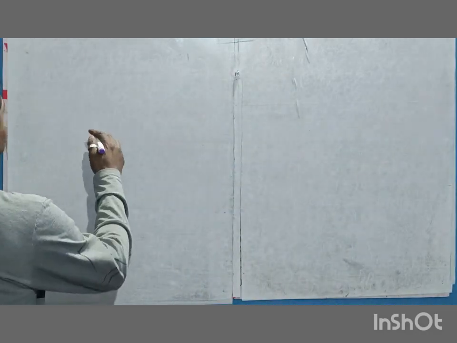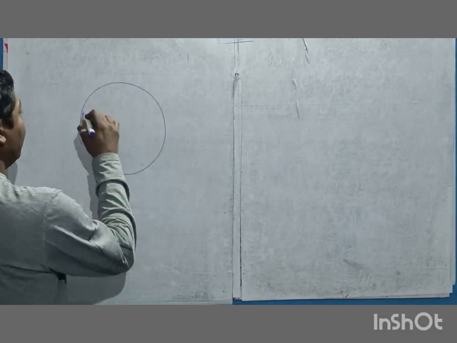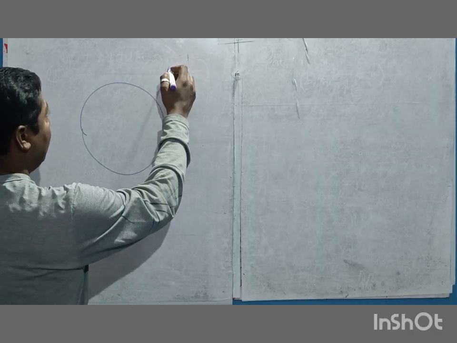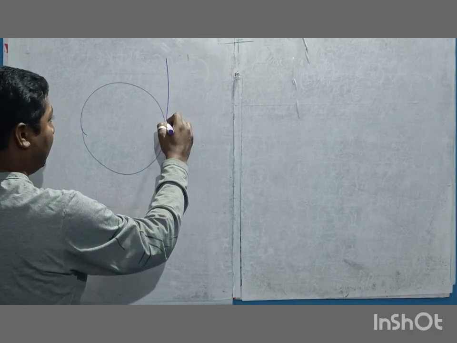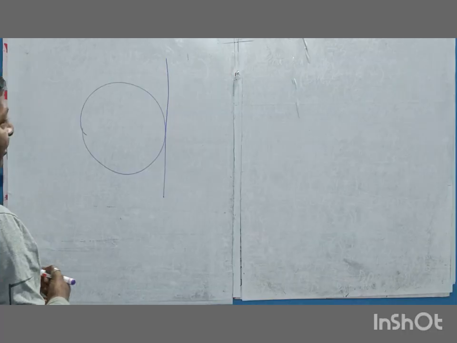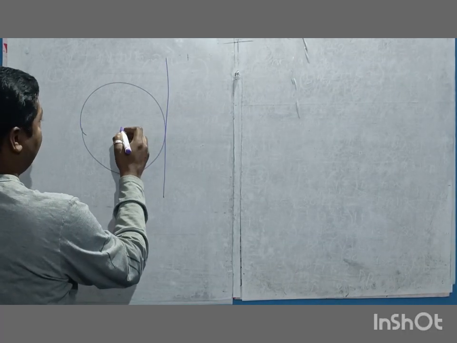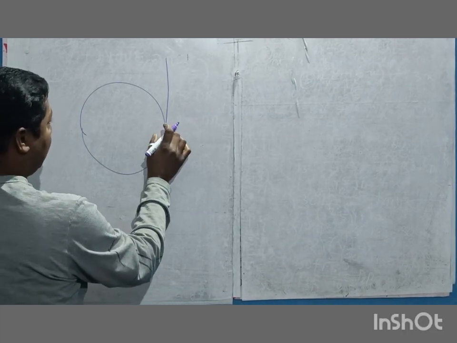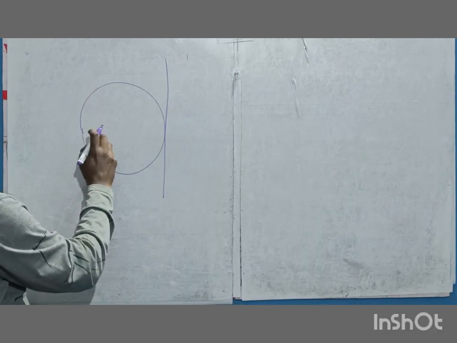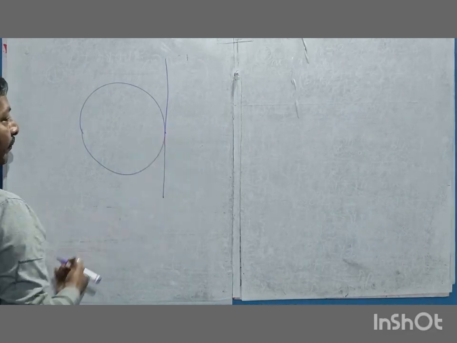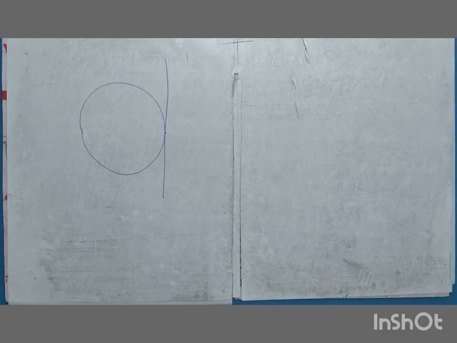So what is a tangent? A tangent is a line where a straight line and a circle have only one common point between them.